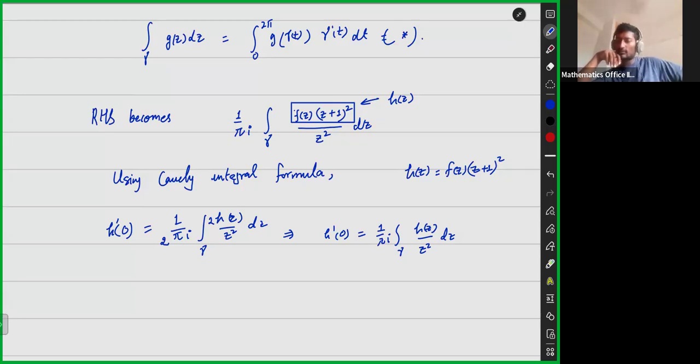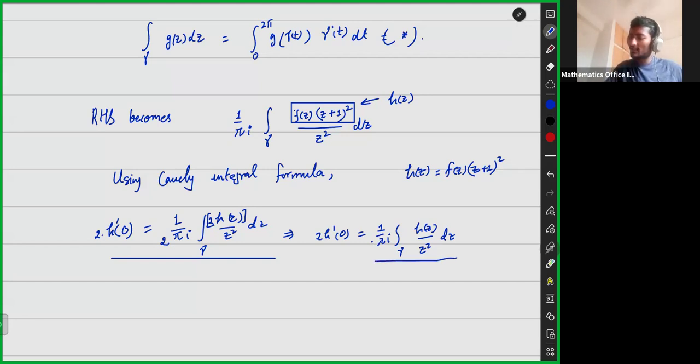Multiplying and dividing by 2, is that making any difference? Not really. So this is the integral formula, and this is our function, 2 into h(z). So h prime at 0 into 2 is what RHS is.